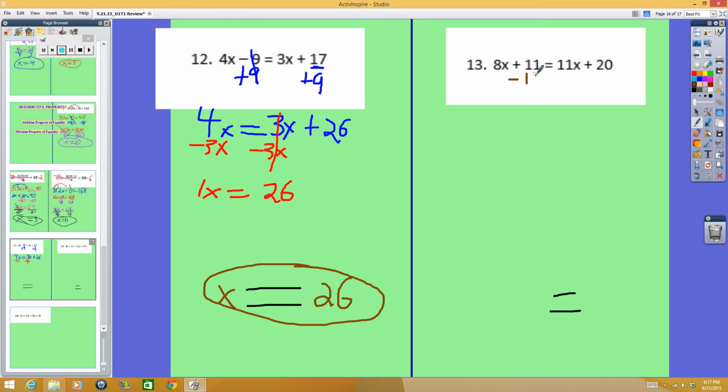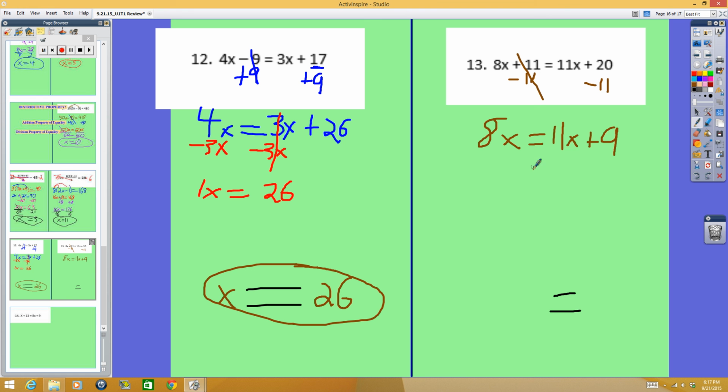Alright, this one. I'm going to fly through this one. Minus 11. 8x, nothing here, equals, still got this, 11x plus 9. Now you want to move these x's over.